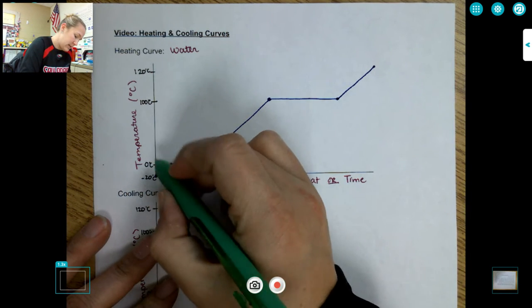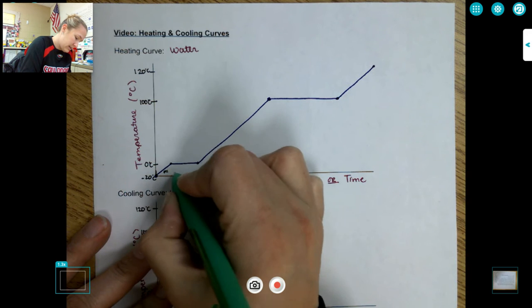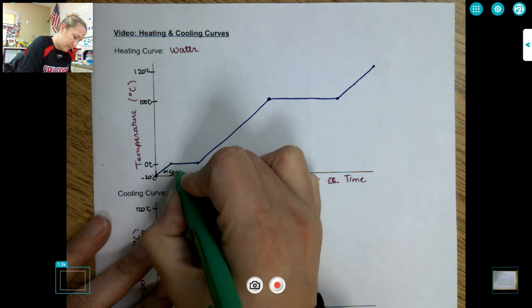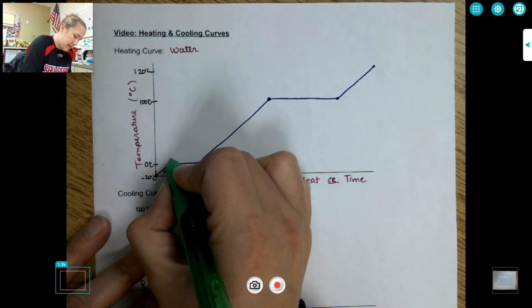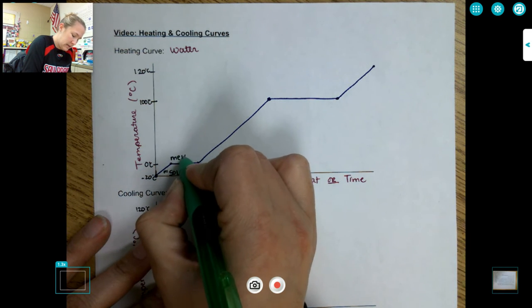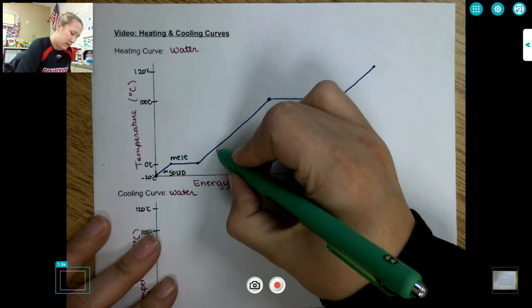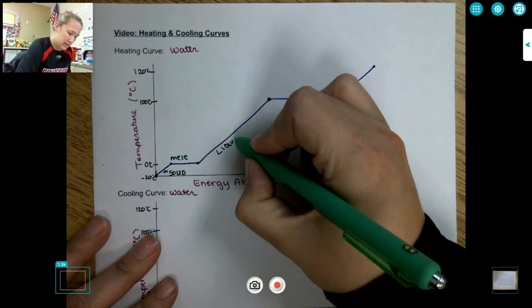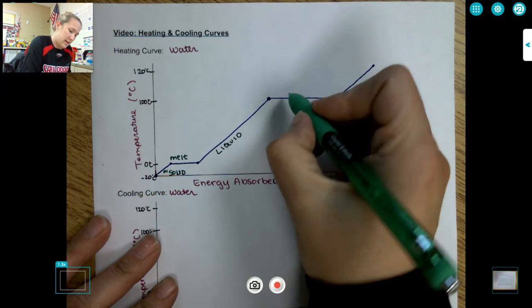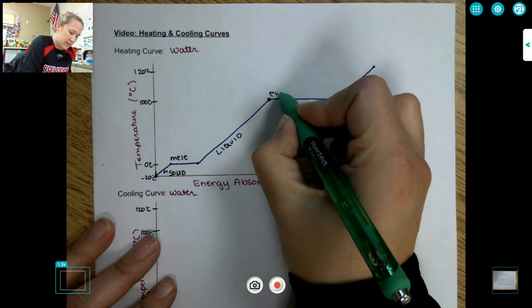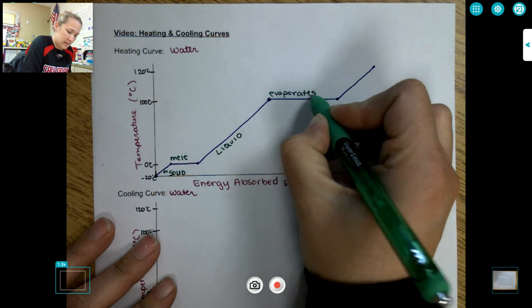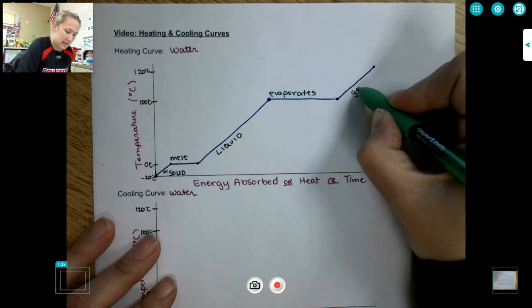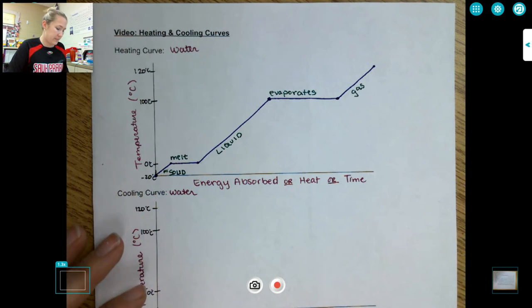And initially in this section here, this is a solid. Then it melts. Then we have our liquid. Then it evaporates. And then it's a gas.